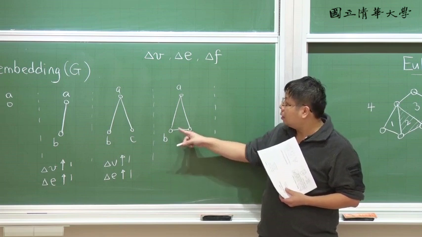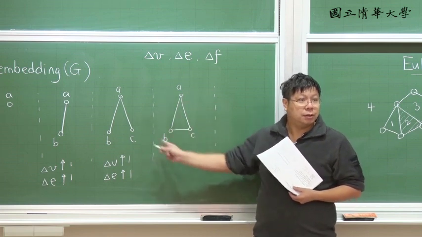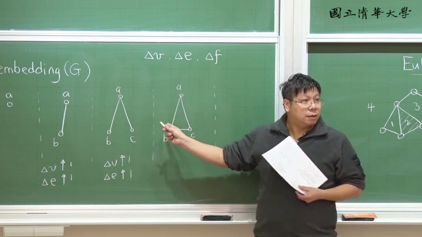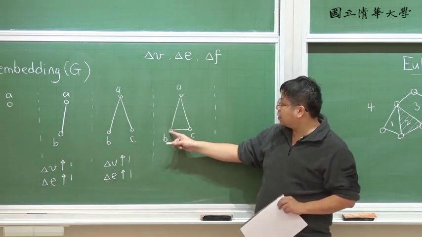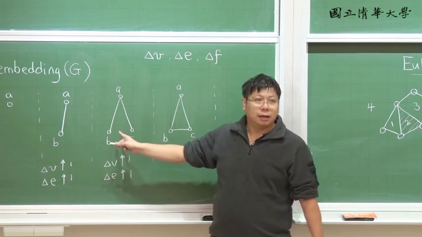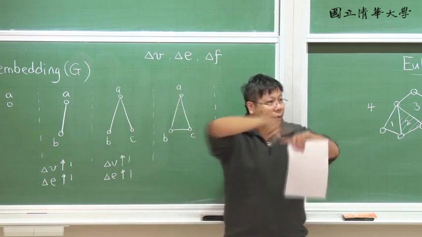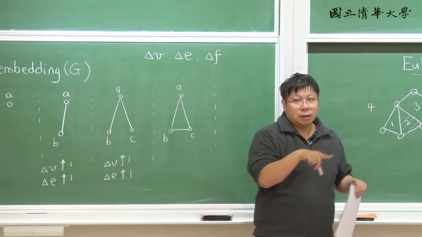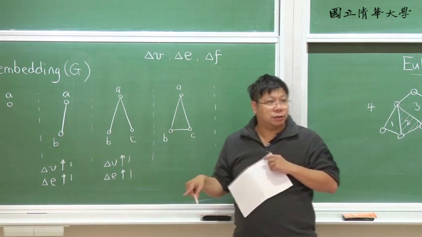When we are not adding a vertex, we add an edge, then that means we are closing a region. The reason is that these two are already connected, and then we join them together, so we are closing a region. When we close a region, we increase the number of regions by 1.